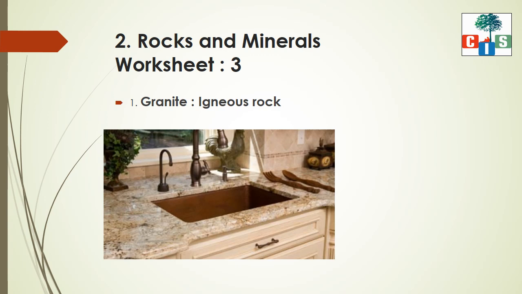We know there are three different types of rocks: igneous, sedimentary, and metamorphic. So the rock given in worksheet 3 is granite and it is an igneous rock. On this rock, there are some questions which you can easily solve by going through igneous rocks.